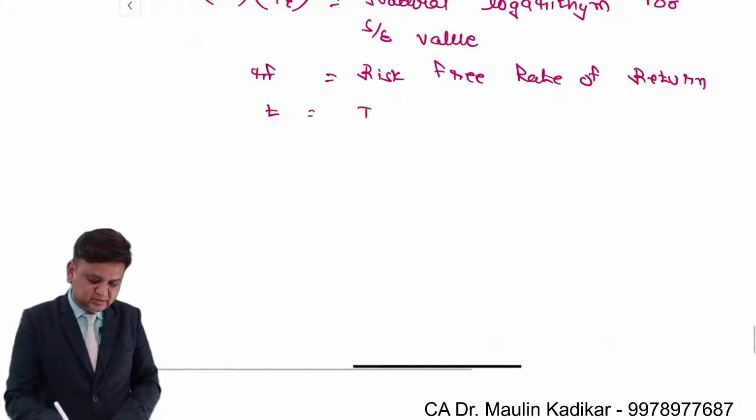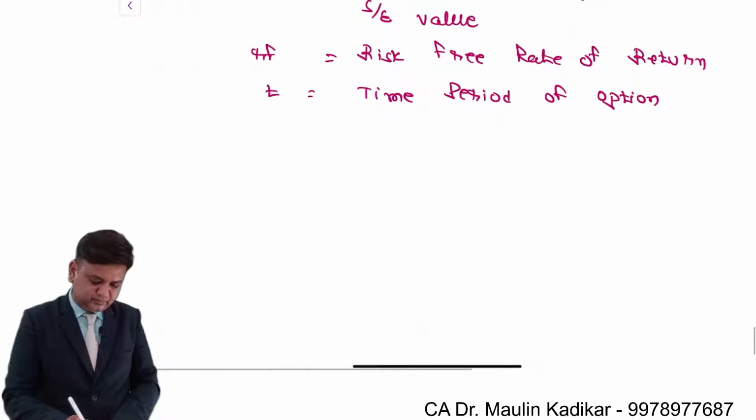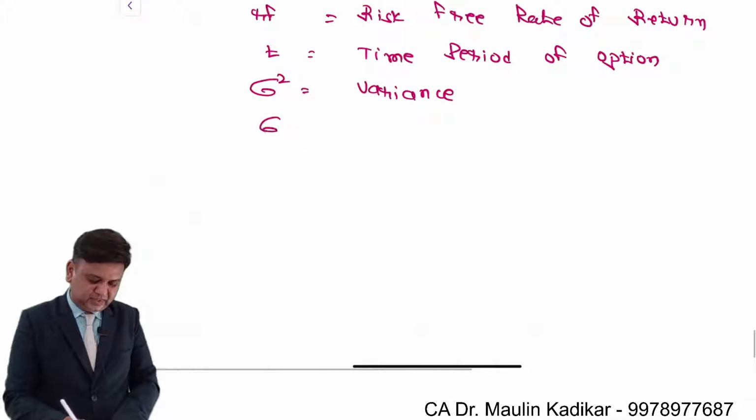T is time period of option. This is the sign of variance. And this is the sign of standard deviation.